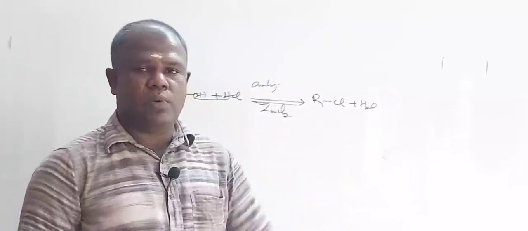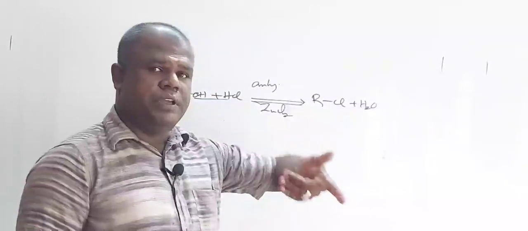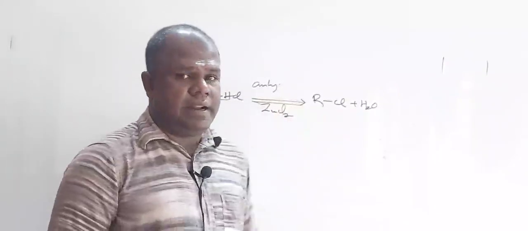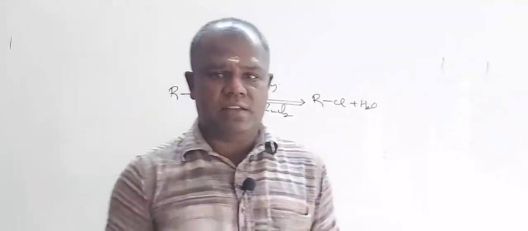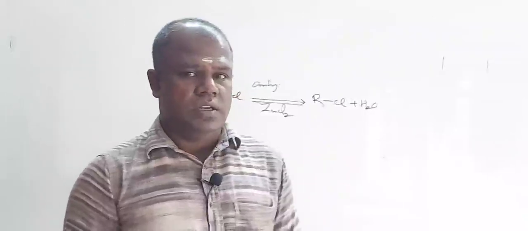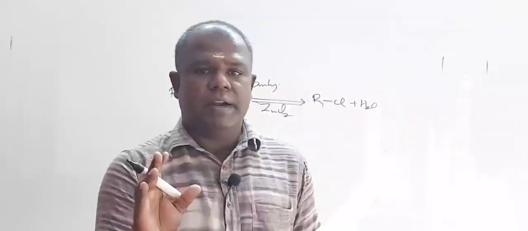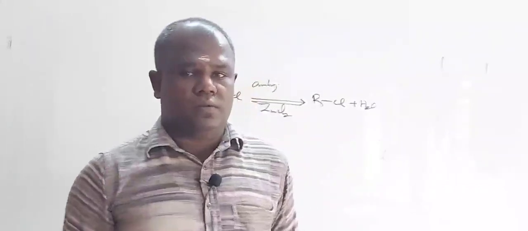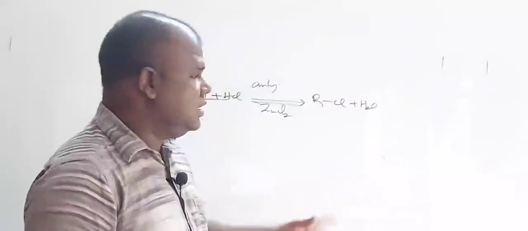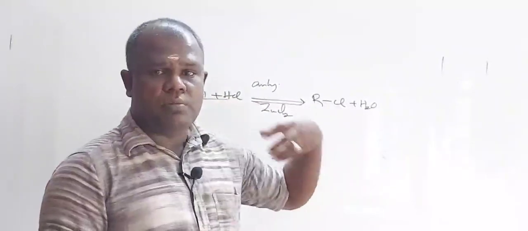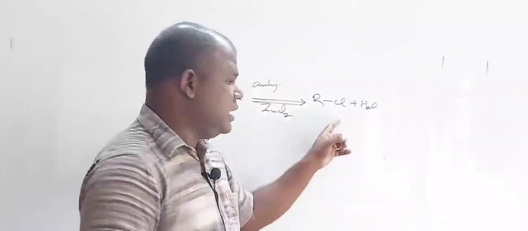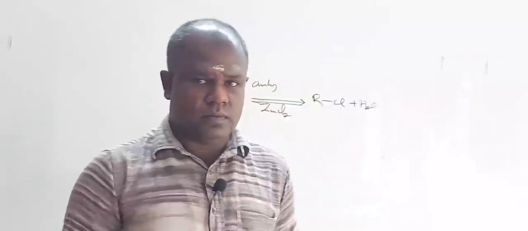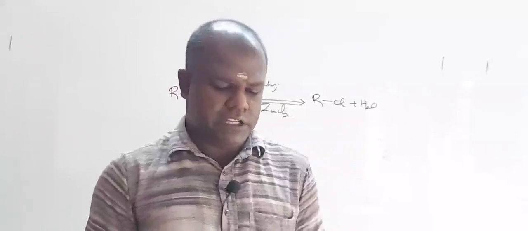To prevent this backward reaction, water should be removed, and that removal of water is accomplished by anhydrous zinc chloride. Such molecules always have a tendency to capture water. So the advantage is that anhydrous zinc chloride immediately absorbs the water formed as byproduct, so that RCl remains alone and we can prevent the backward reaction. So it is a reagent and a dehydrating agent.